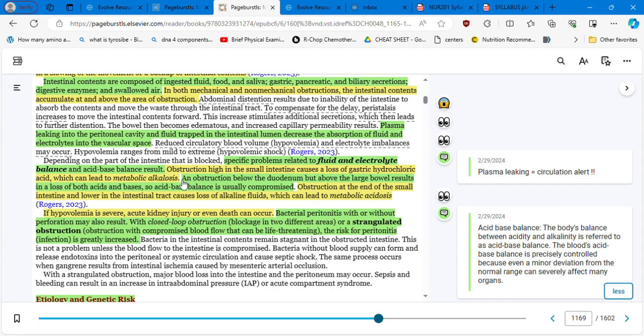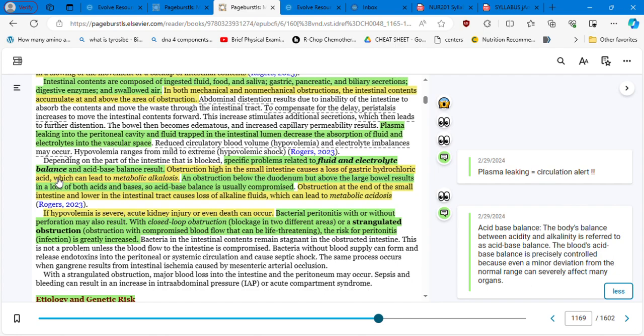Okay, if we have obstruction in the small intestine, the small intestine, as I was telling you, is going to be more towards pH 7, so it's going to be more alkaline, right? The obstruction causes a loss of gastric hydrochloric acid.